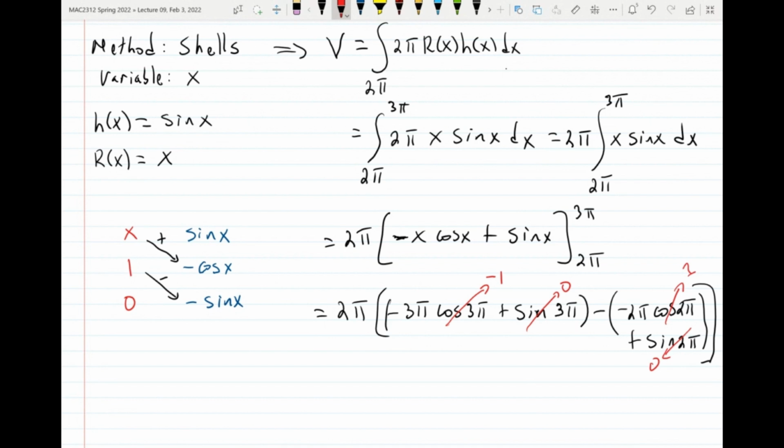Sine of 2 pi is equal to 0. So this is 2 pi times, let's see, negative 3 pi times negative 1, that's positive 3 pi. And then minus 2 pi, that's plus 2 pi. So 5 times 2, we get 10 pi. Nice answer.